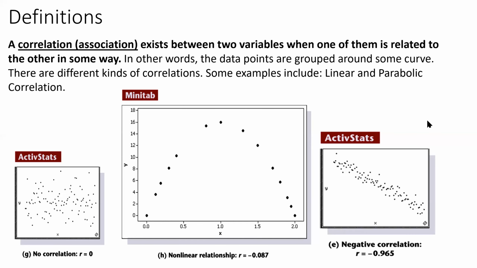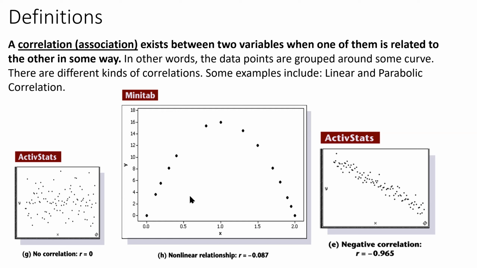So for example, in this first slide that you saw, we have 3 different scatter plots. The first one represents no correlation, so the data points are scattered all around.